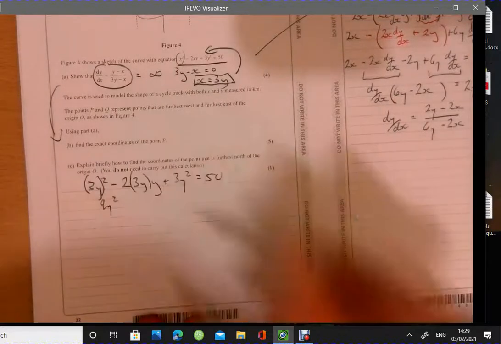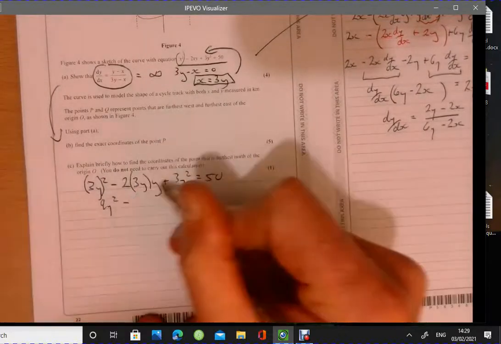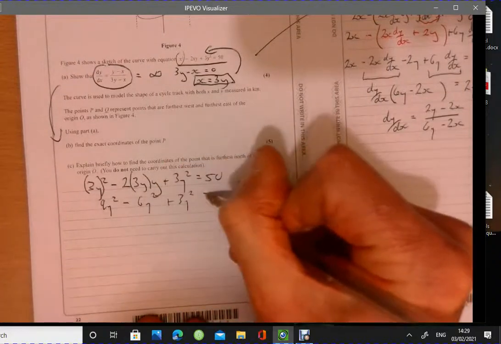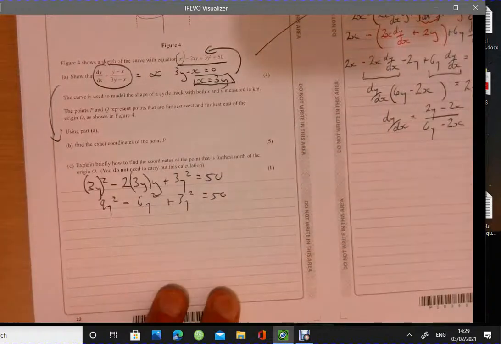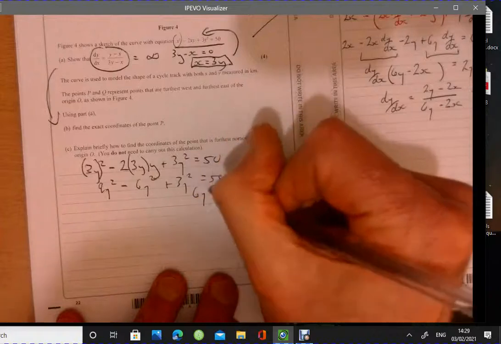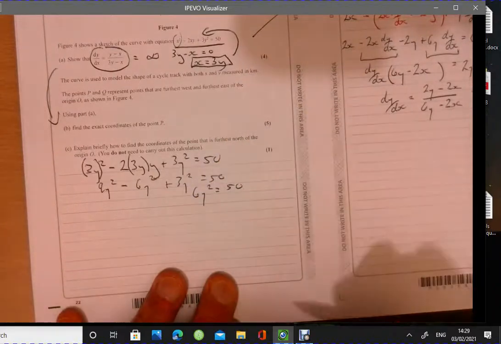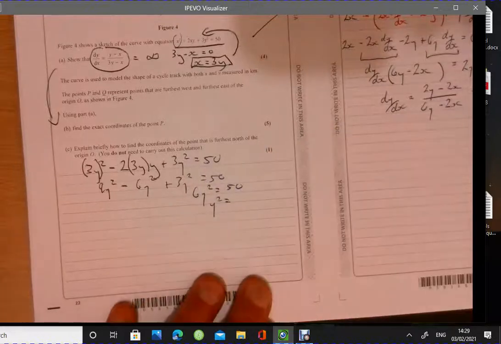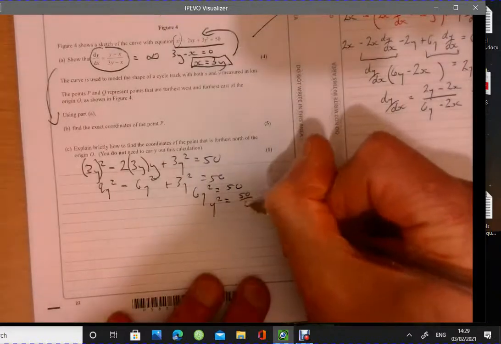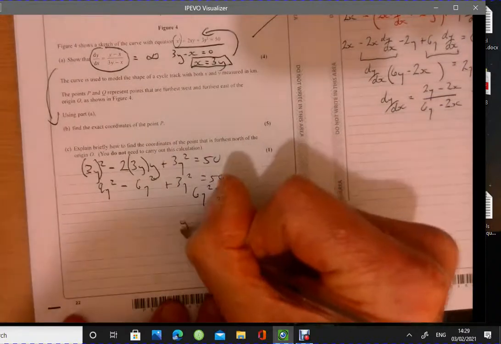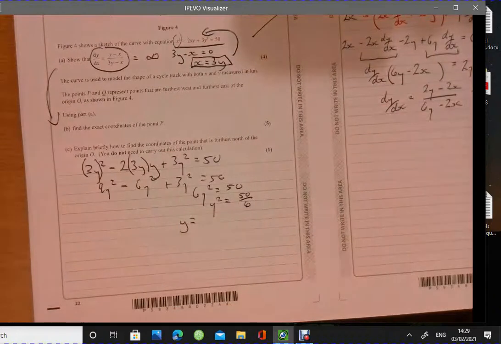We've got 9y squared, take away 6y squared plus 3y squared equals 50. And I think you'll find that's going to give us 6y squared equals 50. Divide by 6, so y squared equals 50 over 6. Take the square root of both sides, then y should equal the square root of 50 over 6.